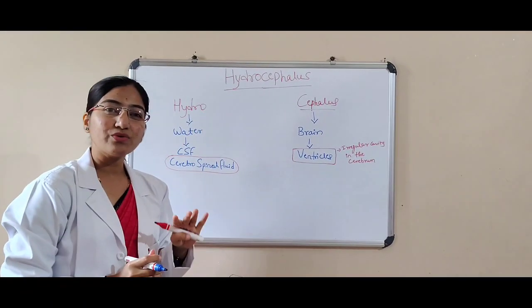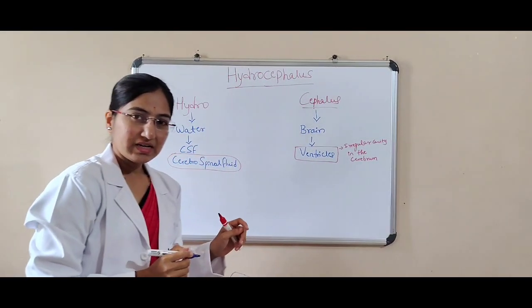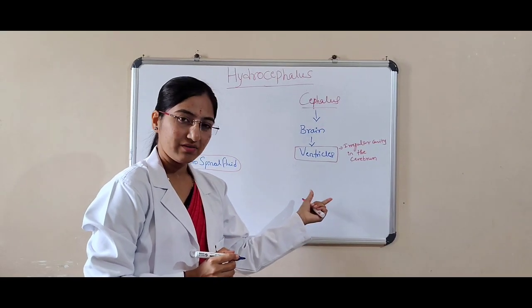There are 4 ventricles. The first and second are the right lateral ventricle and the left lateral ventricle.